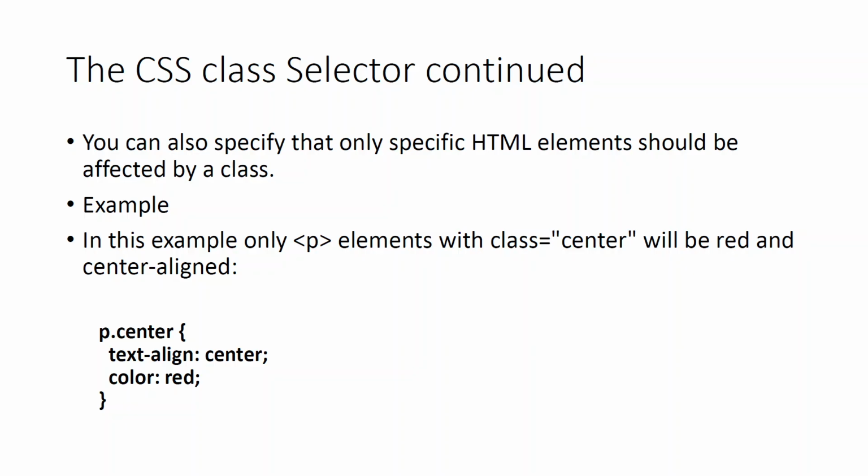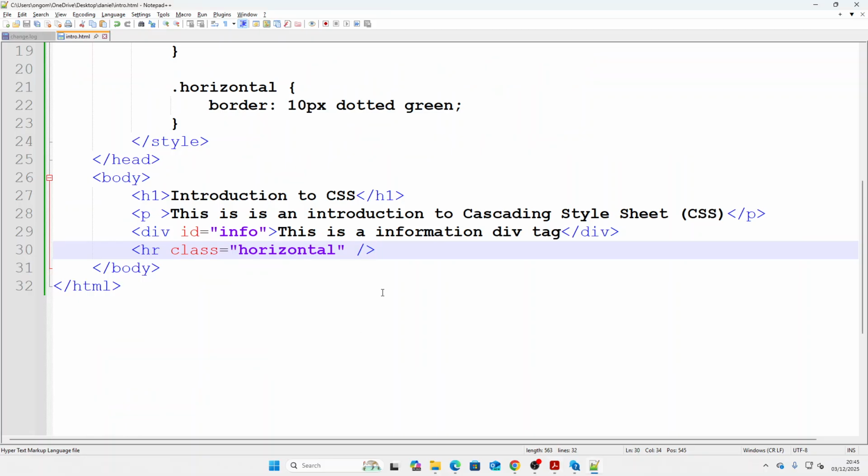Okay, so we can also go ahead and be a little bit more specific and say, I want this particular style to be applied to a specific tag which has a specific class. So let's create a paragraph tag which has a class called center.